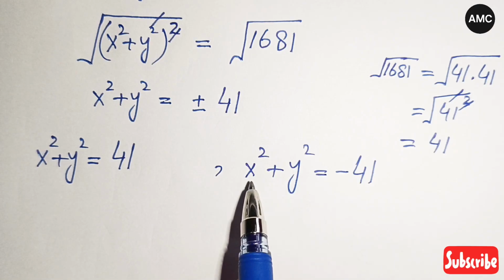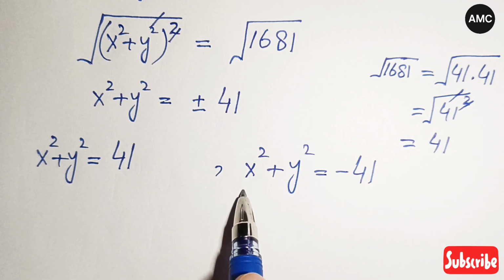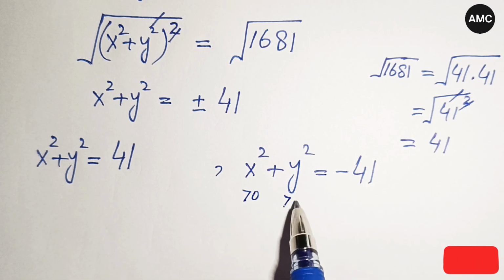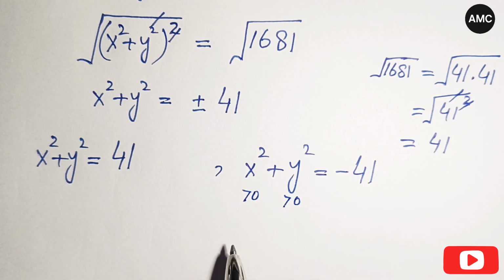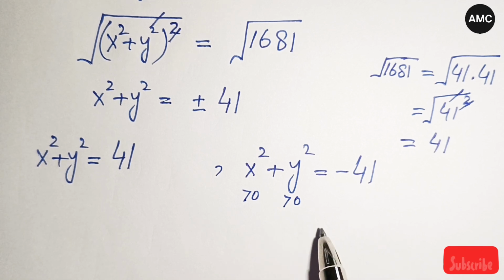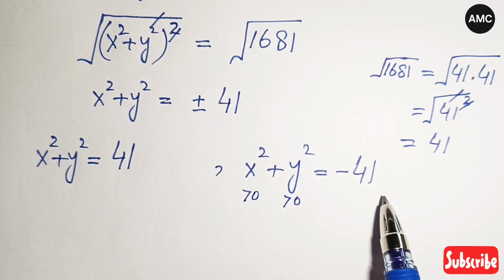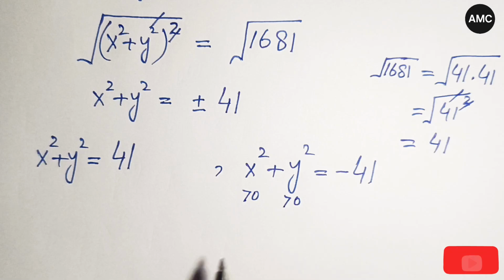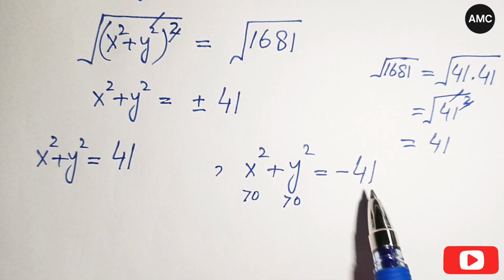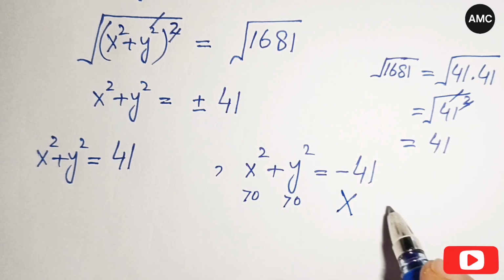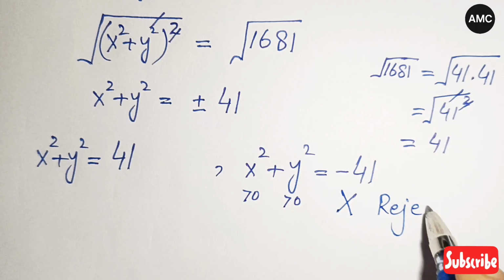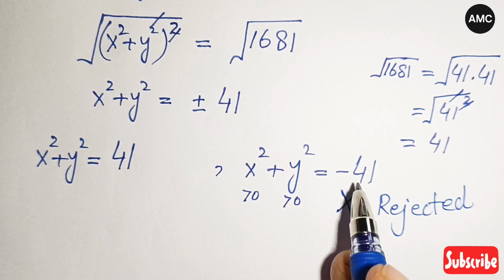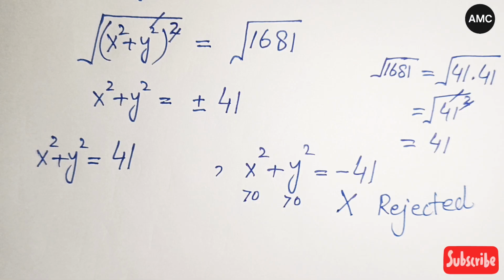So x squared will be greater than 0, and y squared is also greater than 0. When we take the sum of two positive numbers, it will be positive. So the sum of two positive numbers cannot be negative. Here we have minus 41, so we are going to reject this one. This solution is rejected because it is equal to a negative number.